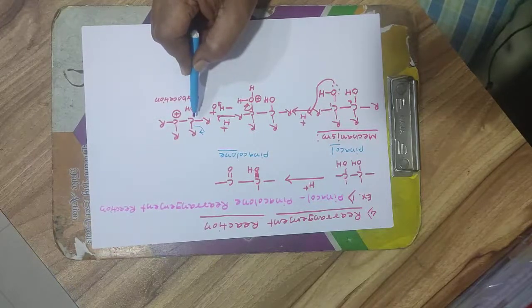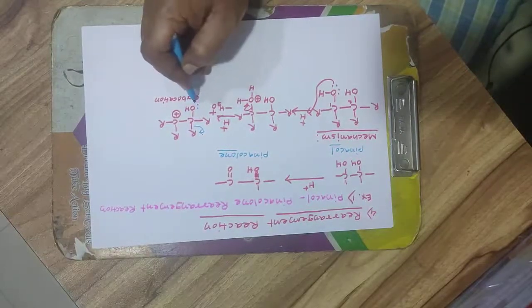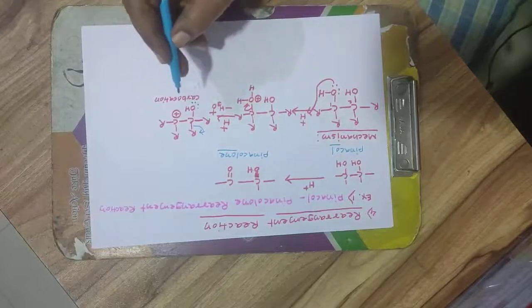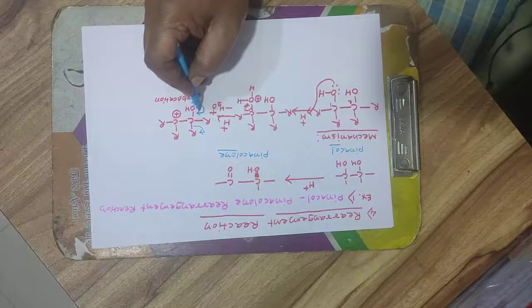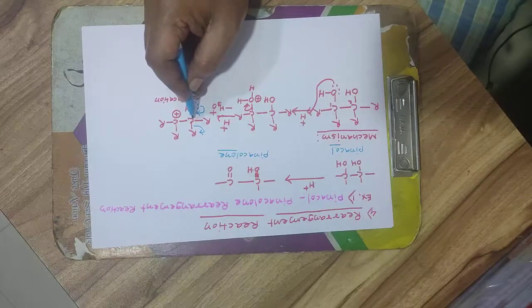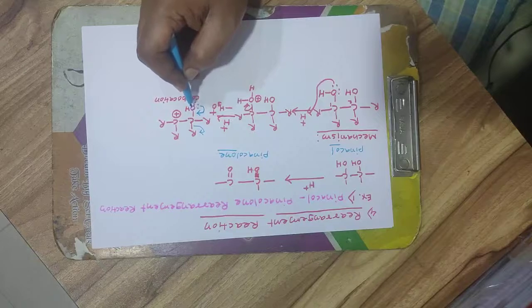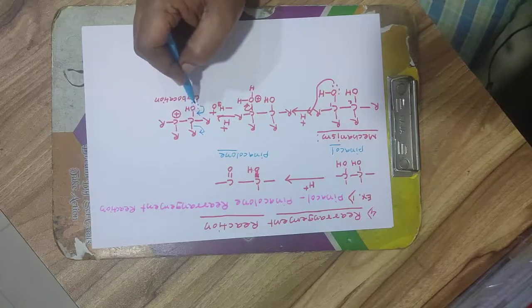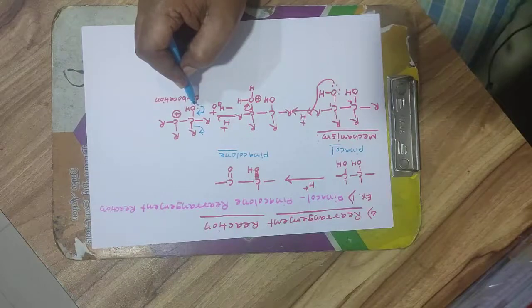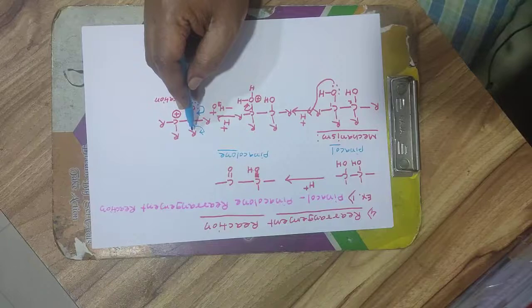As soon as there is a formation of C positive, the lone pair on the oxygen is involved in delocalization. So this sigma bond will shift here, and this positive charge gets further neutralized. As oxygen gives a lone pair, oxygen carries a positive charge, and this R becomes negative.